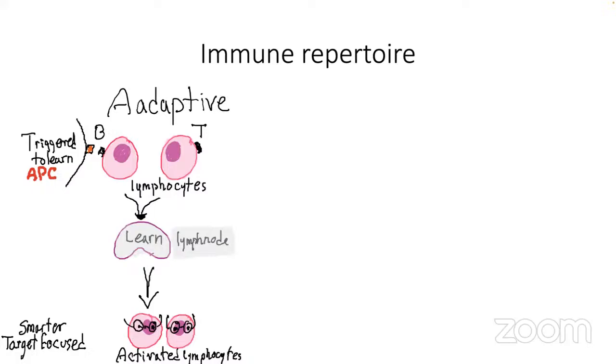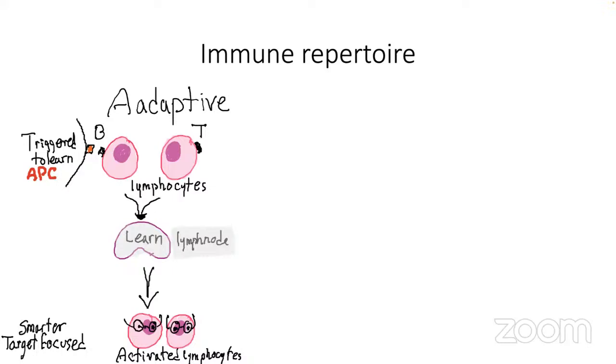So these alarmed or triggered naive lymphocytes travel to the lymph nodes primarily, and some other tissues as well. In the lymph nodes, they are well trained. They develop more specificity towards the antigen, and they replicate.